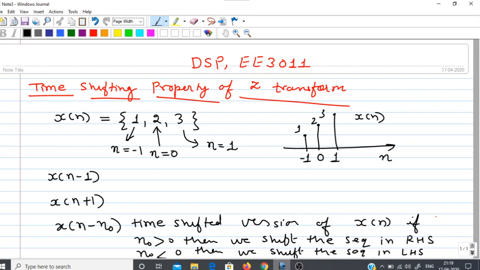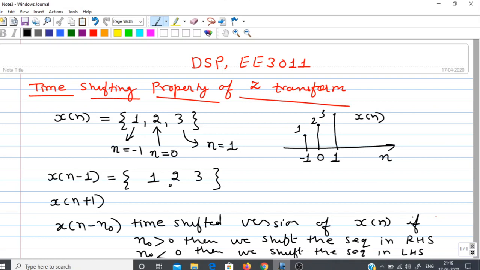This value which is at n equals 0 will go to n equals 1, and the value which is at n equals 1, this value 3, will go to n equals 2. So what would be x of n minus 1? There won't be any change in these values 1, 2, 3.